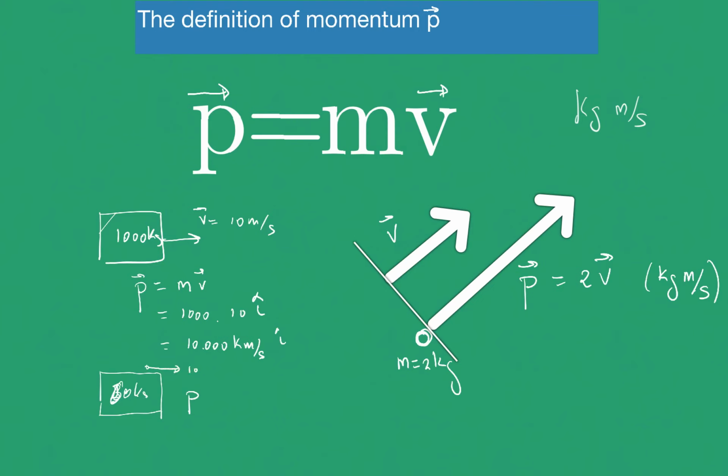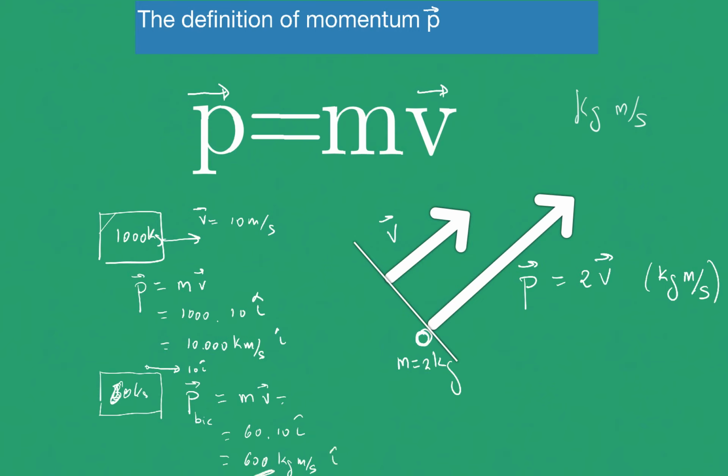If it's moving with 10 meters per second in the i direction, the vector momentum of the bicycle is its mass times its velocity. And its mass is now 60, its velocity is now 10 in the i direction. So it will be 600 kilogram meters per second in the i direction.